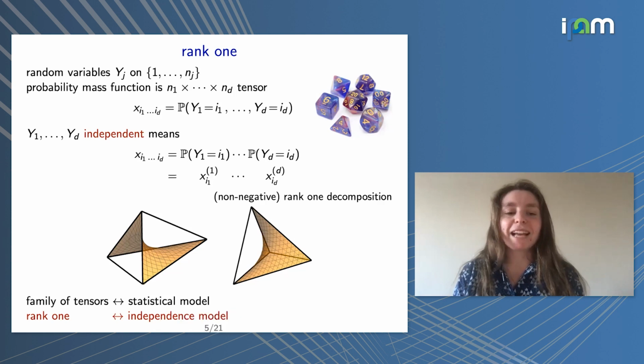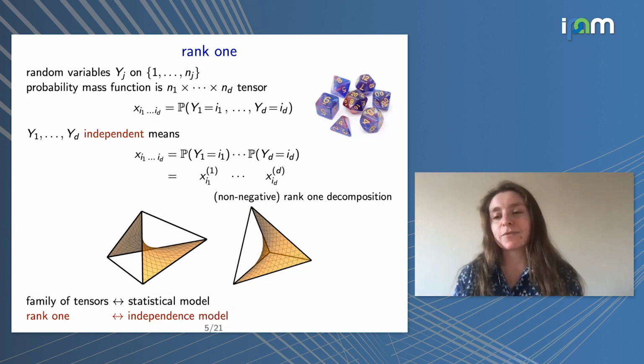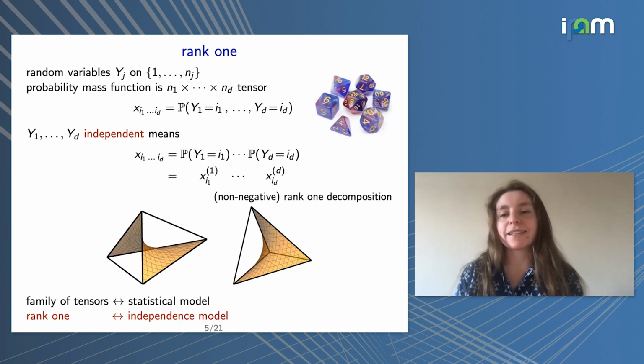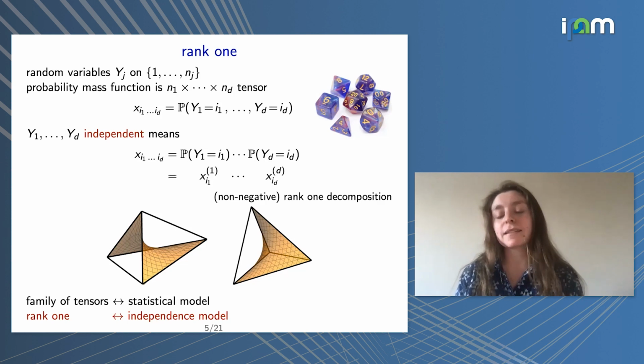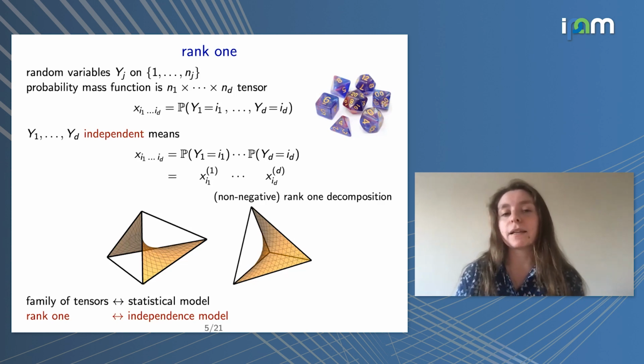Okay, but as in other contexts for the study of tensors, rank 1 is very special and often a bit too special. And similarly in statistics, this full independence between all of our random variables is very special and often can't be assumed to hold in practice. So we want to go beyond this correspondence between rank 1 and independence to something a bit more.